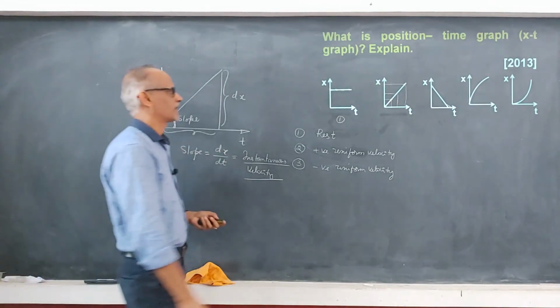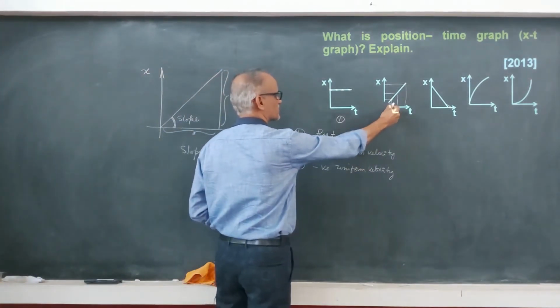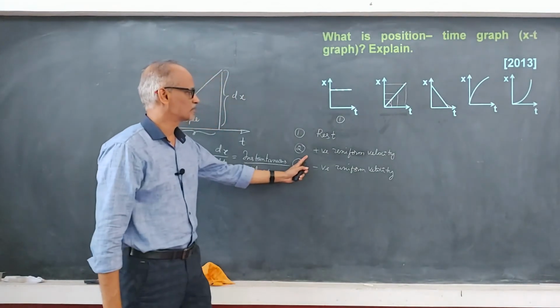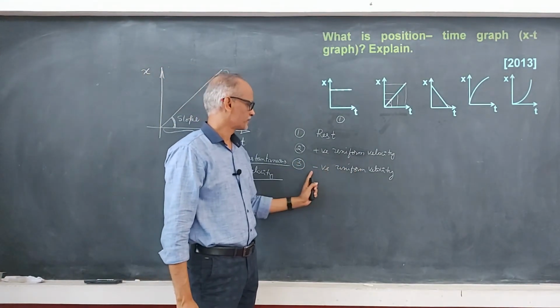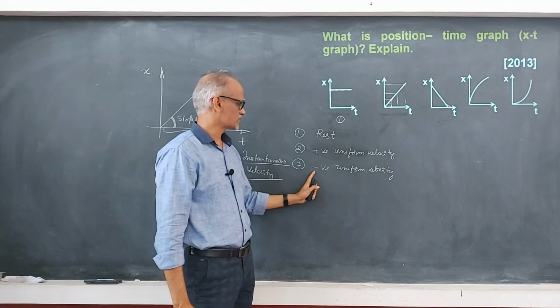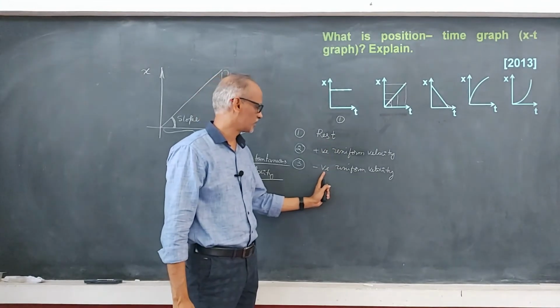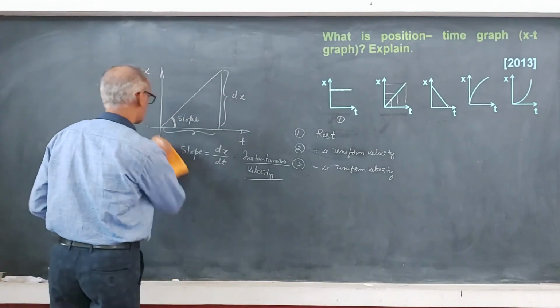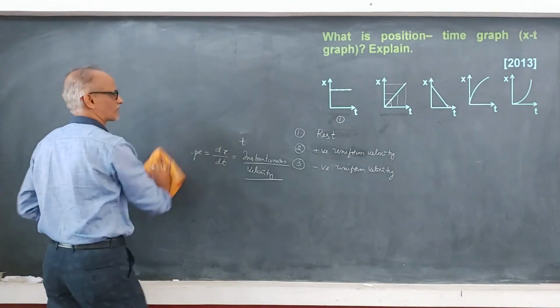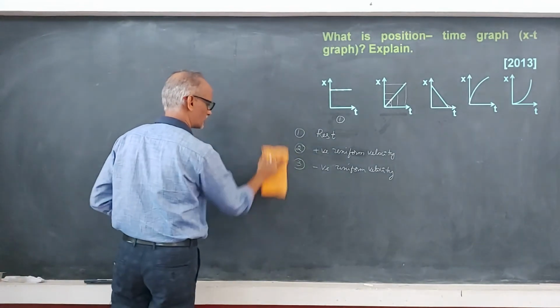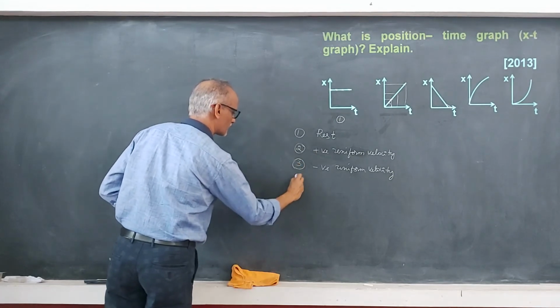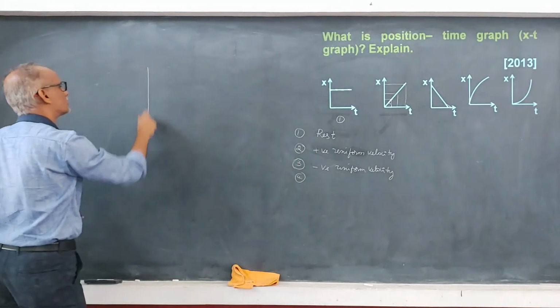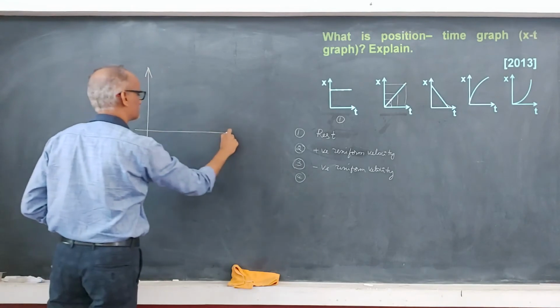That's why here the slope is constant, and that's why the body moves with uniform velocity. And in the next, again slope is constant, but the slope is negative. That's why the body moves with uniform negative velocity. In graph number 4, it's not a straight line.